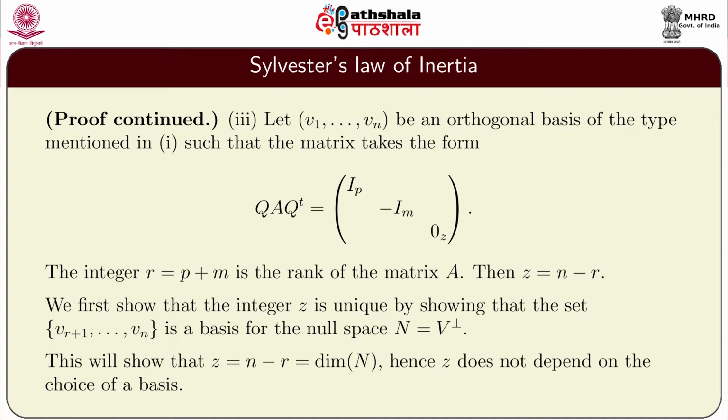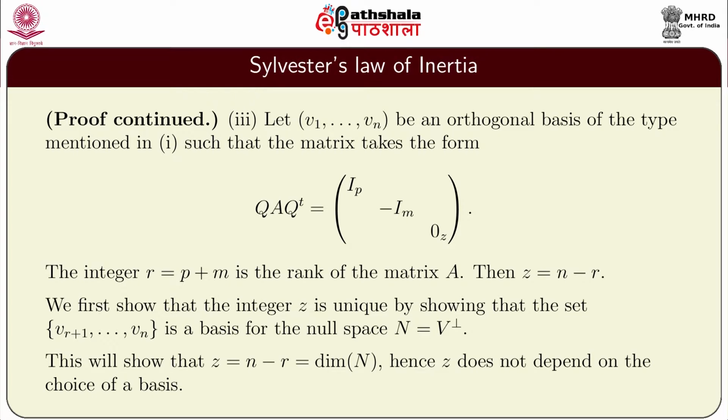Now, the integer R, which is P plus M, that is the number of non-zero rows, as you can see, is the rank of the matrix, and therefore Z must be equal to N minus R.